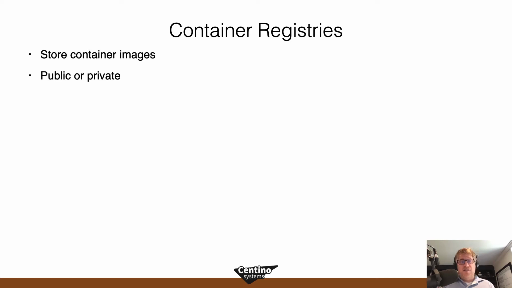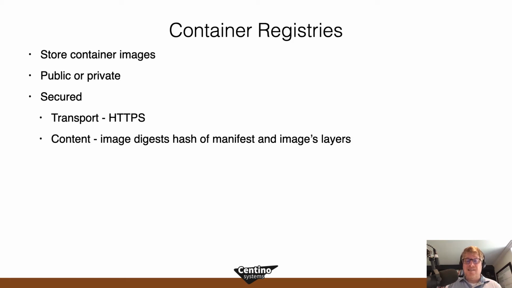Now, in addition to public and private registries, the actual container image itself is secured in a couple of ways, in that the transport exchange, like when I'm pulling down a container image onto a local system, is going to be encrypted over HTTPS. But very importantly, the content is secured.